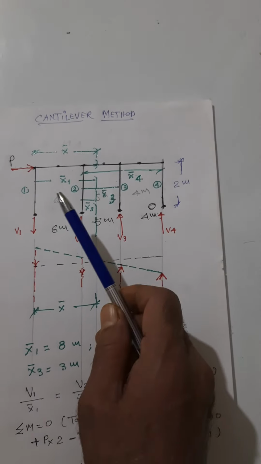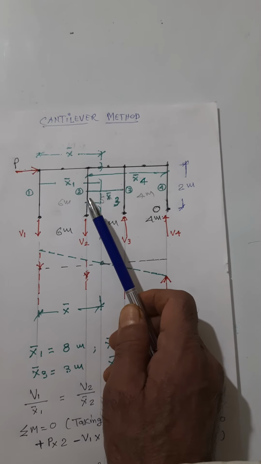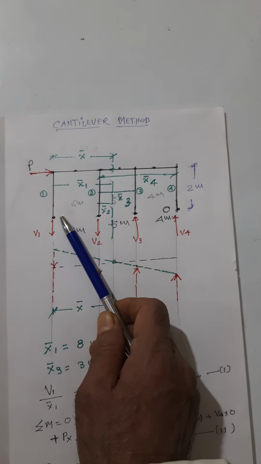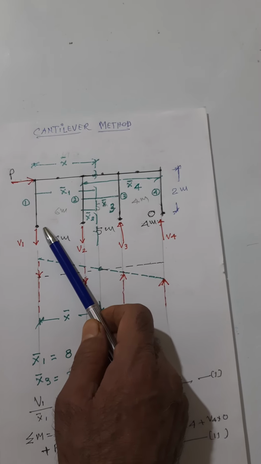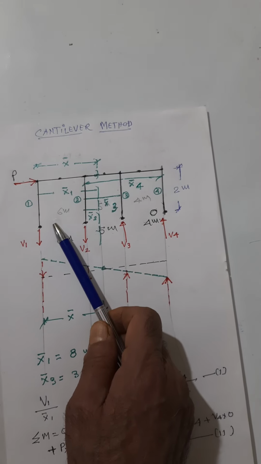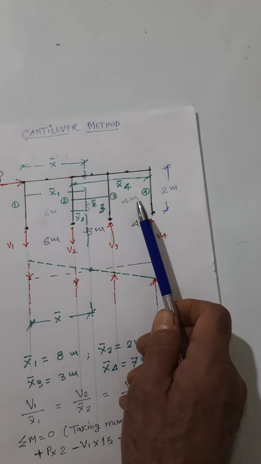Third assumption: all the vertical forces are directly proportional to the distance from the center of gravity of the whole frame.